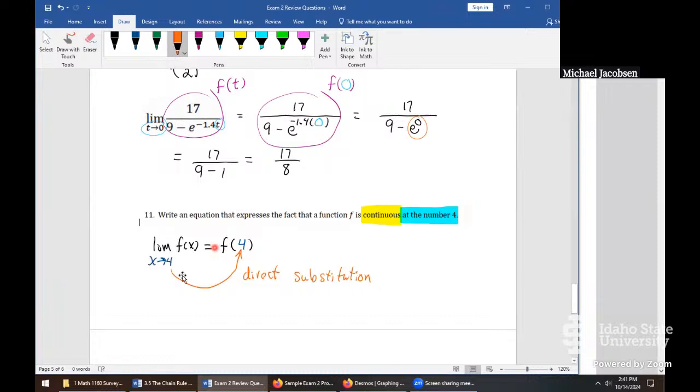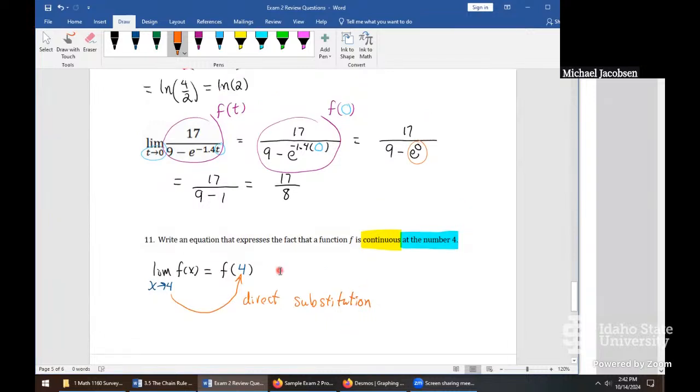The arrow in orange is not required for the full solution, just extra information in the notes. Well, any questions, folks, with either of those concepts in continuity?